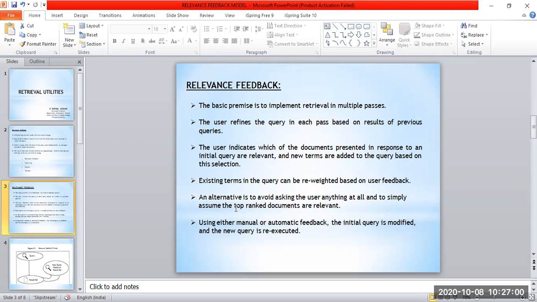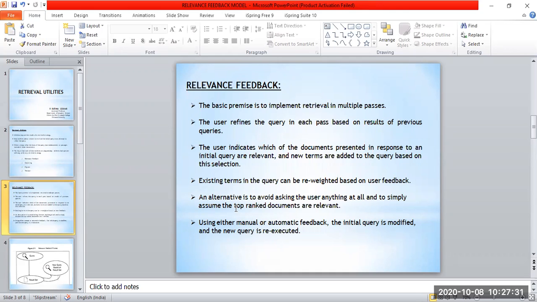Based on the feedback from the user, the old query is updated and a new query is generated. We execute that new query and get another set of documents, and again the user checks which are relevant and which are not.